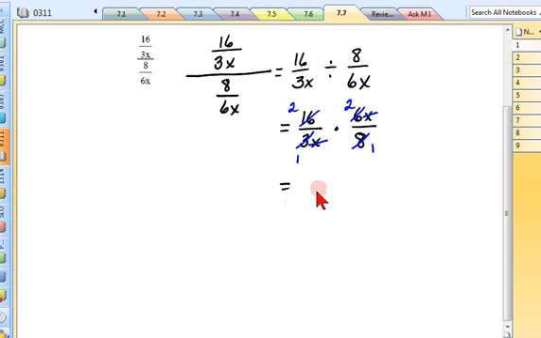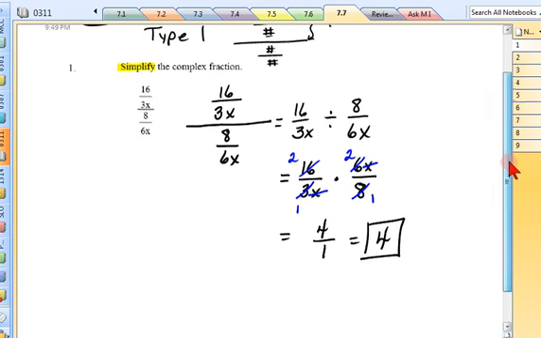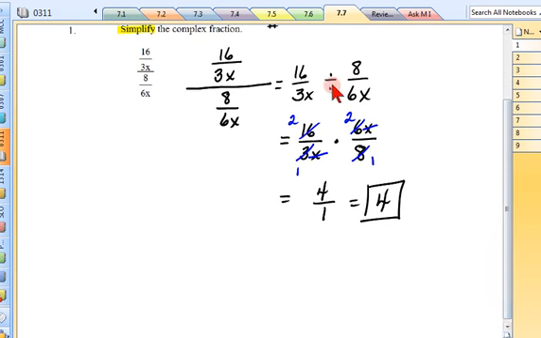Numerator, 2 times 2 is 4. Denominator, 1 times 1 is 1. You would not write 4 over 1, just 4. That's type 1 of the complex fractions. The instructions will tell you to simplify. The process for simplifying is to rewrite it as a division problem.